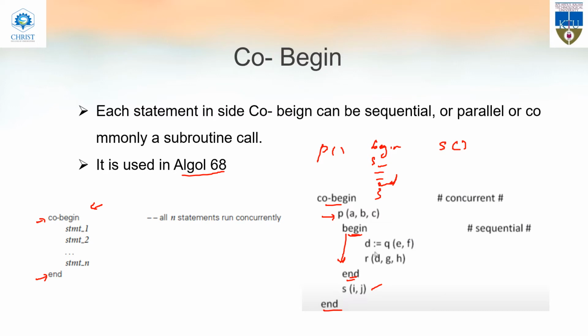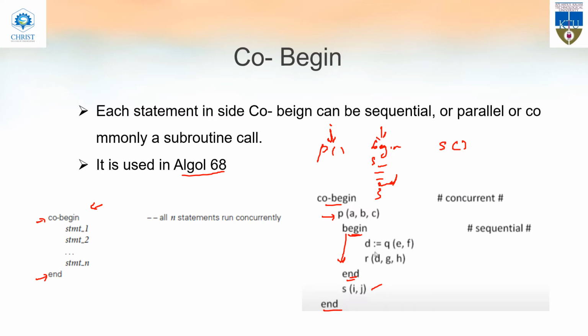So here we can see that there are 3 parts or 3 functions which will work concurrently. The first one is a function called P. It may have some definition somewhere else. So that is one thread that will be executed concurrently. And there is something called begin and end.